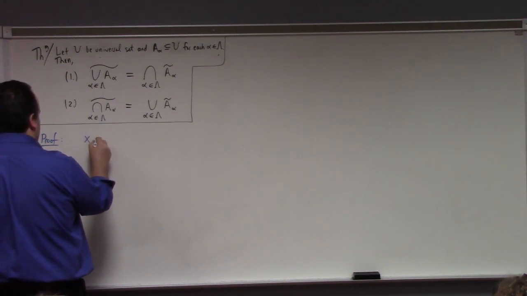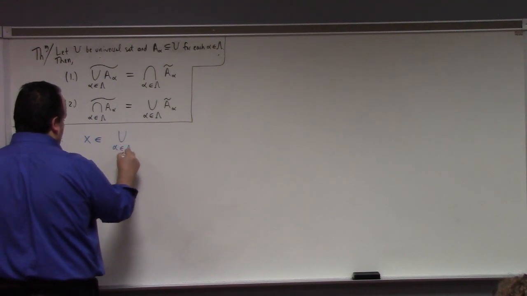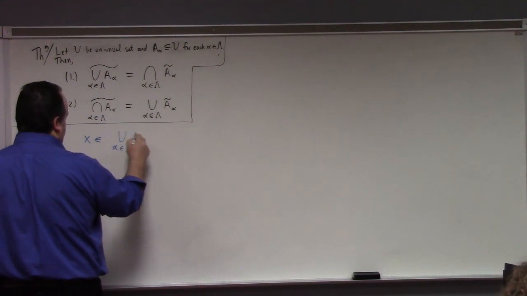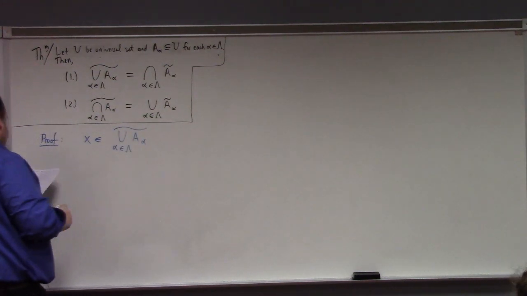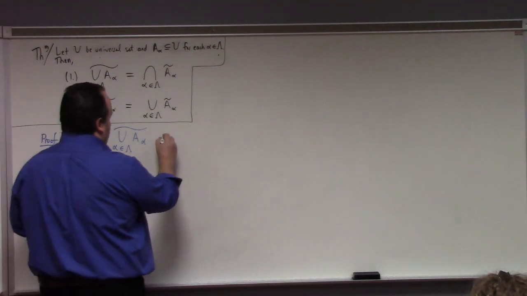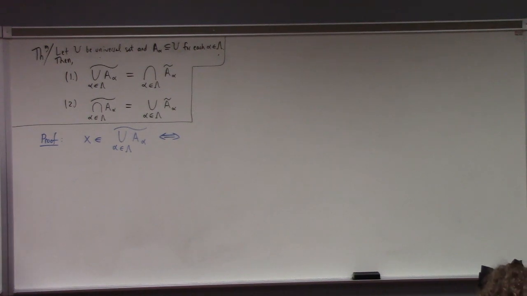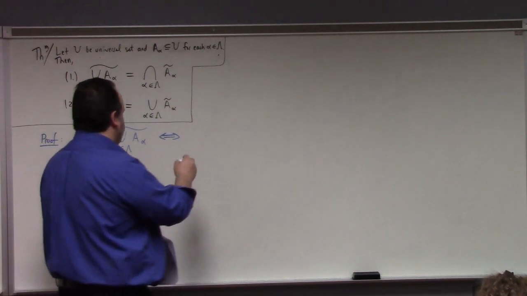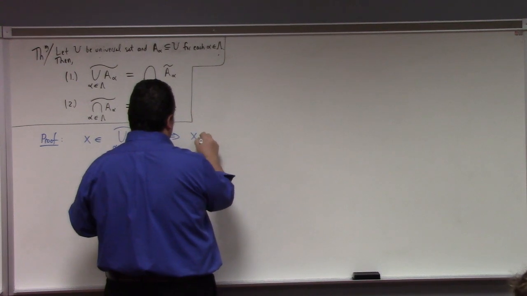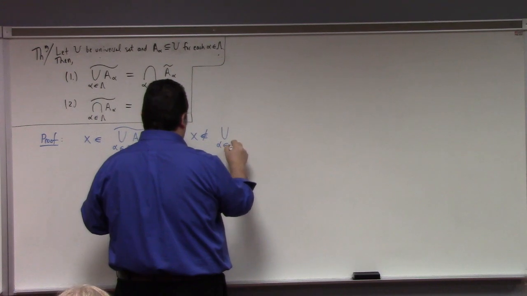To start with, x is an element of the complement of the union over alpha in lambda of A sub alpha. By the way, to be clear, I'm assuming the conditions of the theorem, so you'll forgive me for not writing that in my proof this time. This is true if and only if what? X is not an element of the union, right?